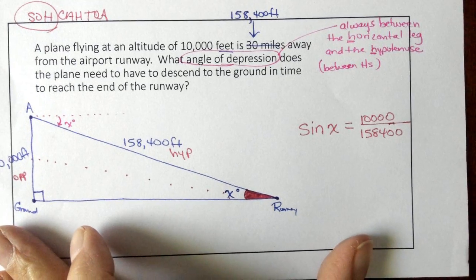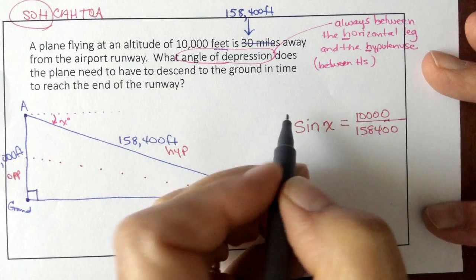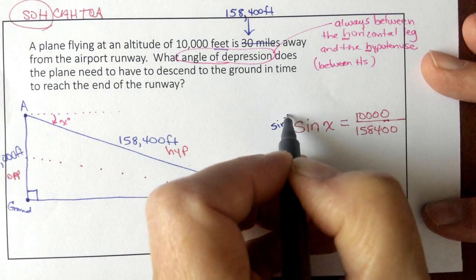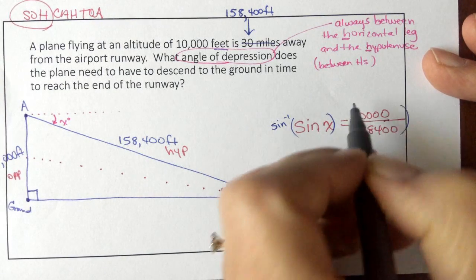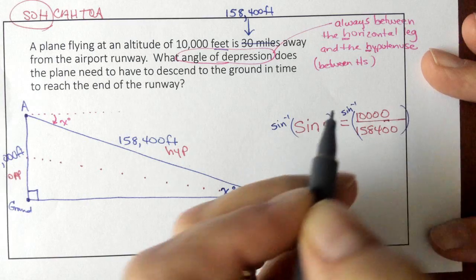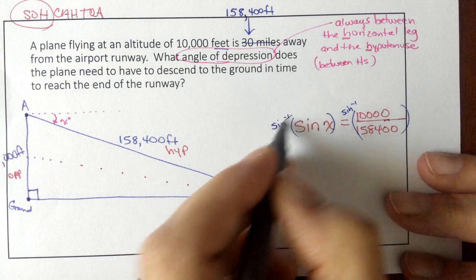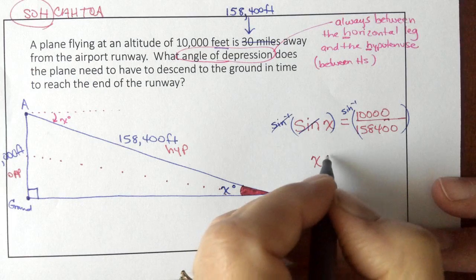And then to solve it, we'll need to make the sine go away, which means we need an inverse operation. And the inverse operation is the inverse sine. So we'll take the inverse sine of the left side and the inverse sine of the right side. On the left side, things get pretty real quickly. Inverse sine and sine will undo each other, leave the x.